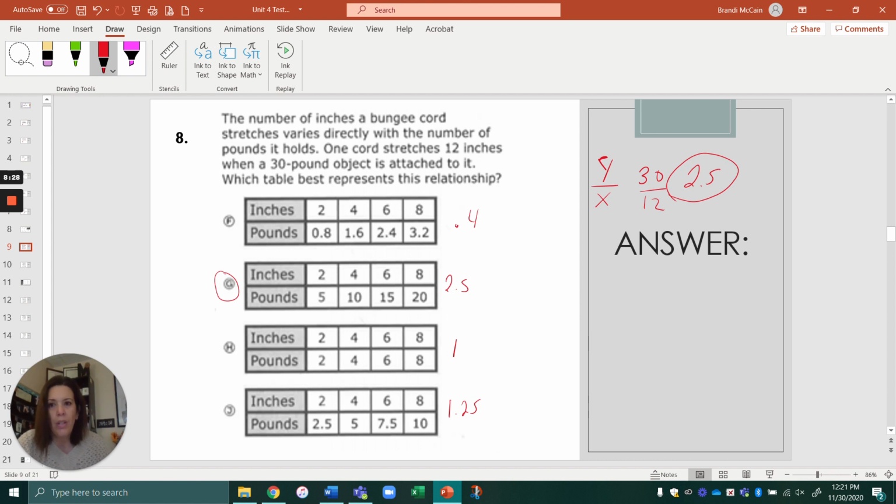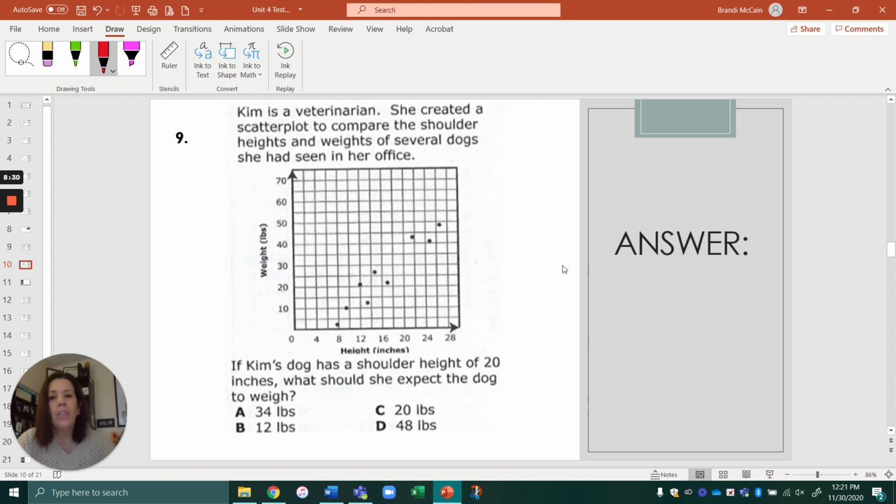All right. Number 9. This is a scatter plot that does not have the line in there, so you're trying to make your own line up. So what we're going to do is plot these points on our line and see which one matches. Okay, so if Kim Dog has a shoulder height of 20 inches, so height is here, 20 inches. So this is our line we're looking at.